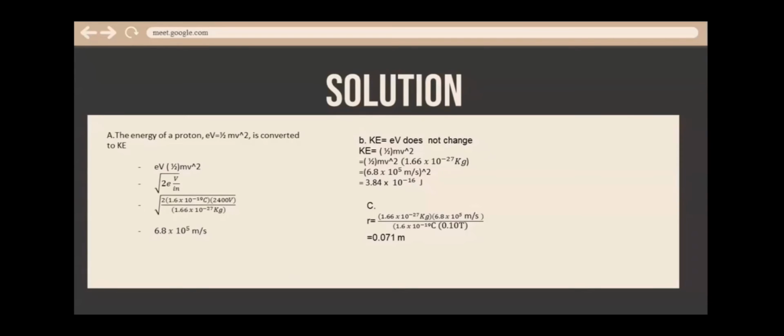Solution. The energy of a proton, eV, equals 1/2 mv squared, converted to kinetic energy.